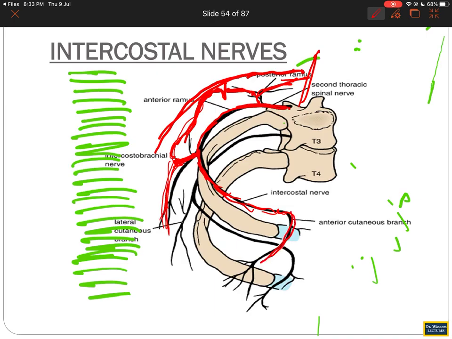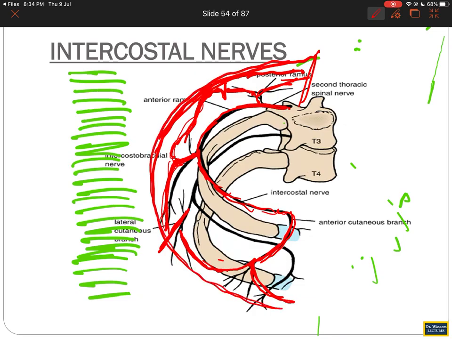The anterior cutaneous branch gives a lateral branch that supplies the skin up to where the anterior branch of the lateral cutaneous nerve finishes, and its medial branch goes up to the midline. Now you can see that right from behind up to your midline anteriorly, the entire belt of skin has been supplied by the corresponding nerve.